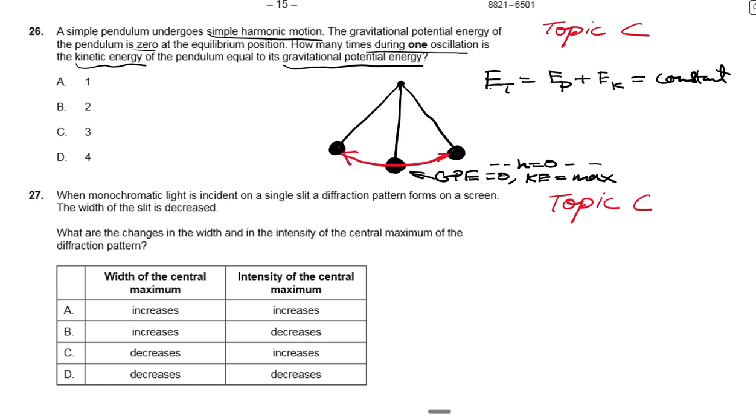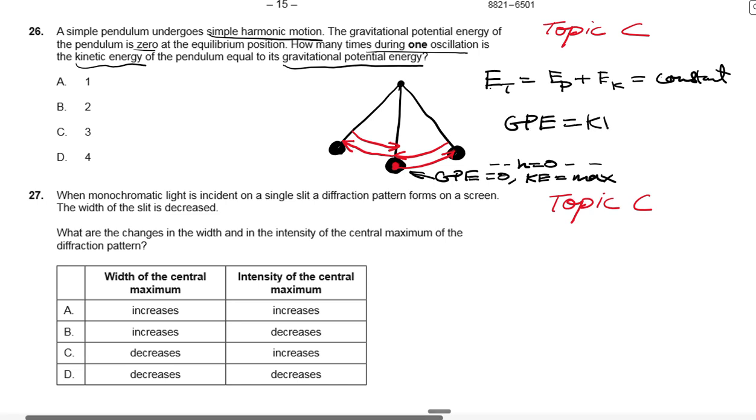So that means when we have, let's look at the path of this pendulum. Let's say it starts here, then it goes up here, right? Then it comes back down, and goes up, and comes back here. And that's one full oscillation, right? Now, how many times do we want our GPE to equal our KE, or let's just say E potential.